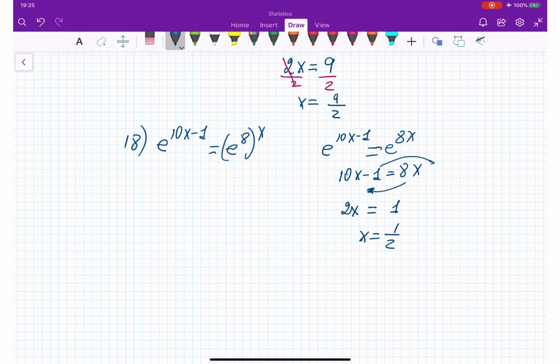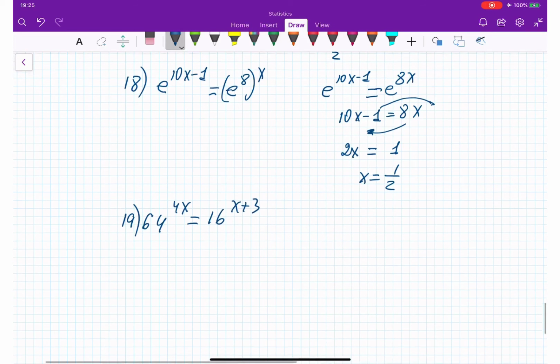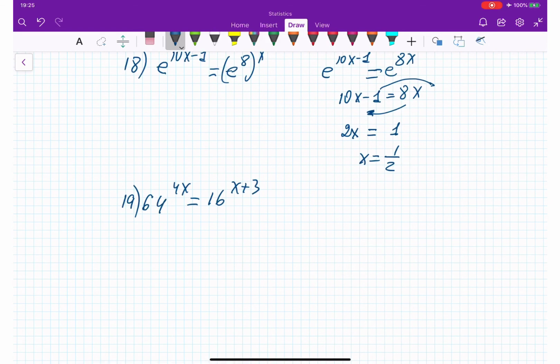Next, question number 19. 64 to power 4x is equal to 16 to power x plus 3. Okay, well, let's see.